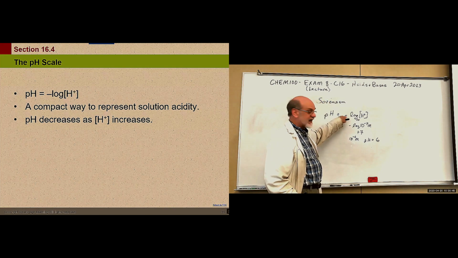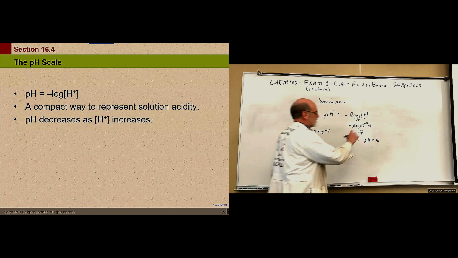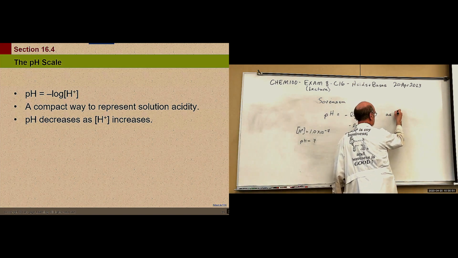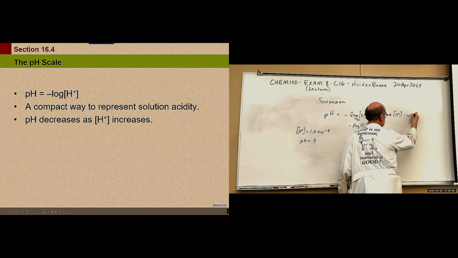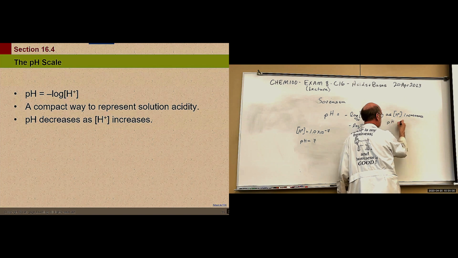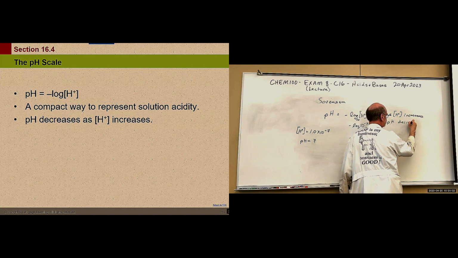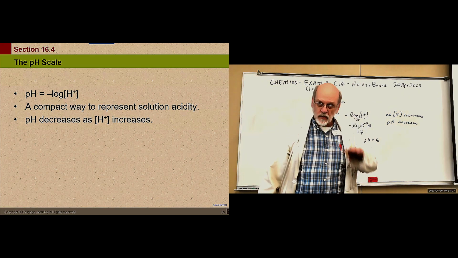Because we put this negative number out front. So as this increases, pH decreases. So the more acidic the solution, the lower the pH.